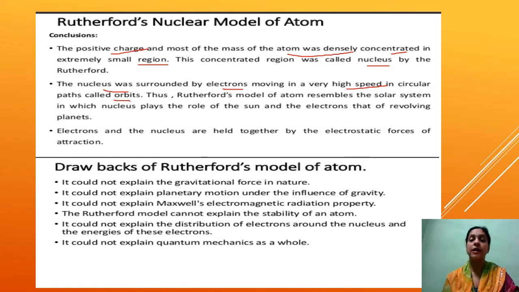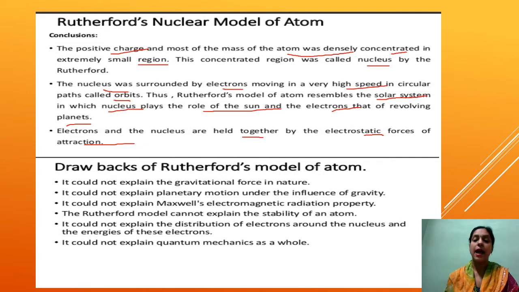The Rutherford model of the atom resembles the solar system, in which the nucleus plays the role of the sun and the electrons play the role of revolving planets. Electrons and nucleus are held together by the electrostatic force of attraction, just as the sun and planets are held together by the gravitational force of attraction.